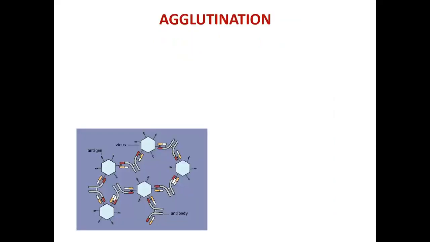In agglutination, this is how it is. You can see the virus there, then the antigens produced by this virus. Those are the spikes. Then you can see the antibodies holding it in place so that it immobilizes it.